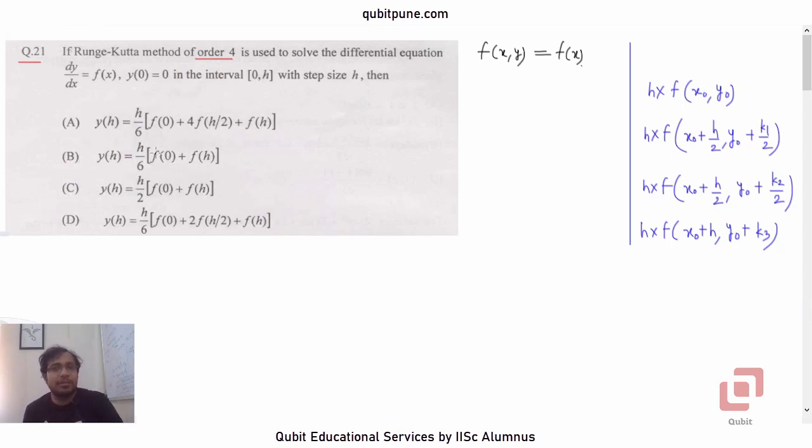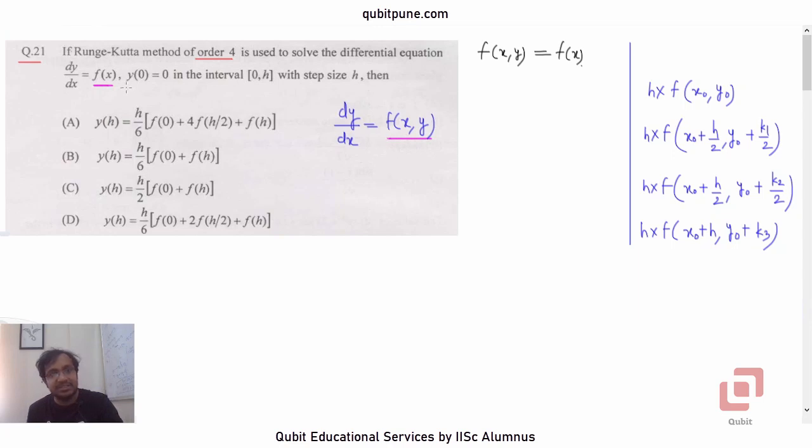So this is a formula based problem, but there is one thing that we should note here. Usually when we solve these differential equations of first order by numerical methods, the standard form that we take is dy by dx equal to f of x comma y. And here you should note the absence of y term on the right side.